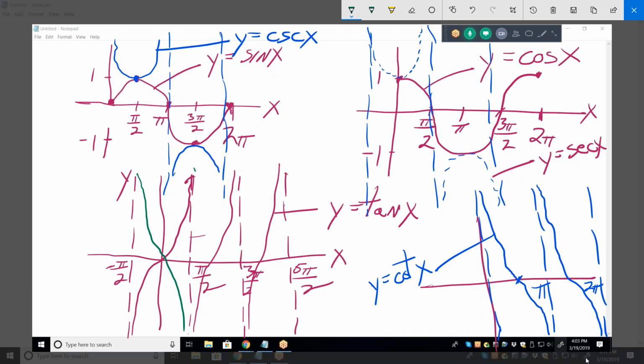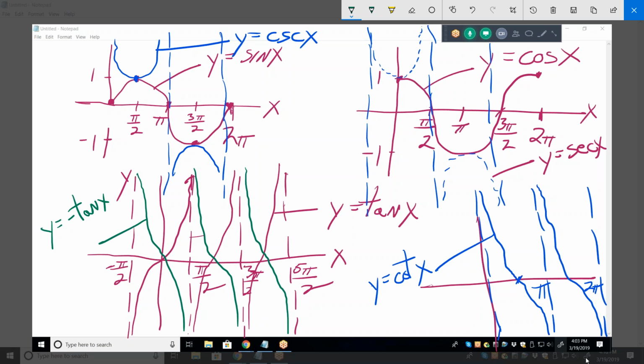See what's happening? That is y equal negative tangent. In other words, it is reflected over the x-axis as any negative sign of any function would be.